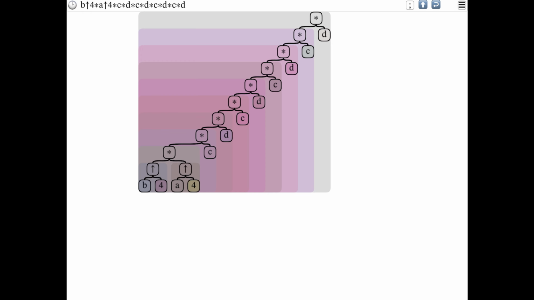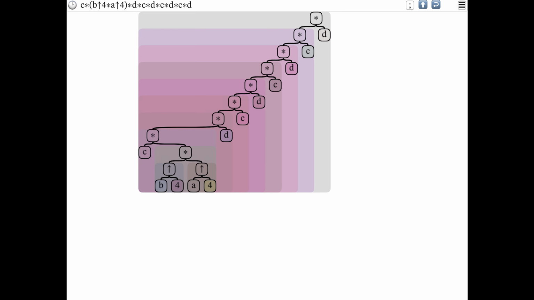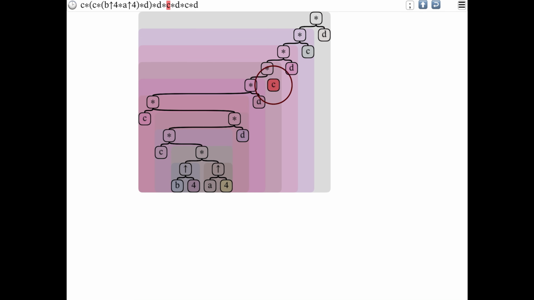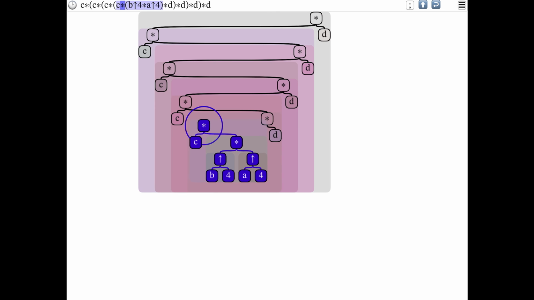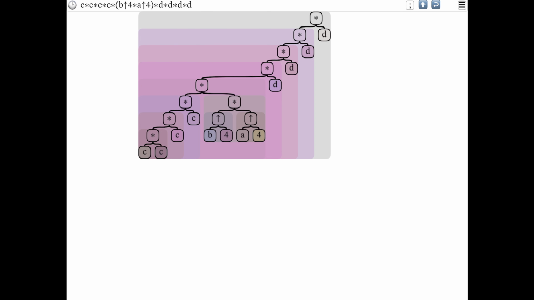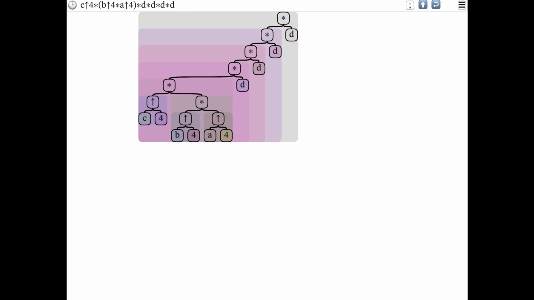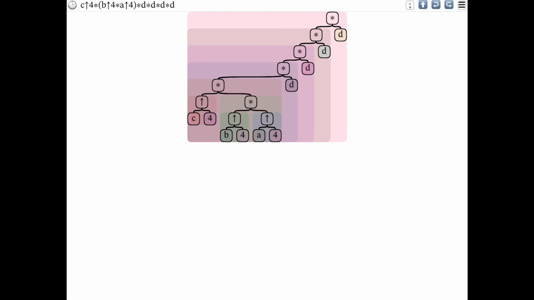Now do it for the C's. The D's are all that's left, and they're already together.